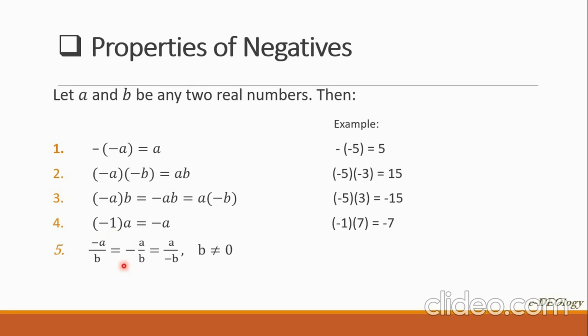The fifth rule is when we divide two numbers of opposite signs, so one is negative and the other is positive.